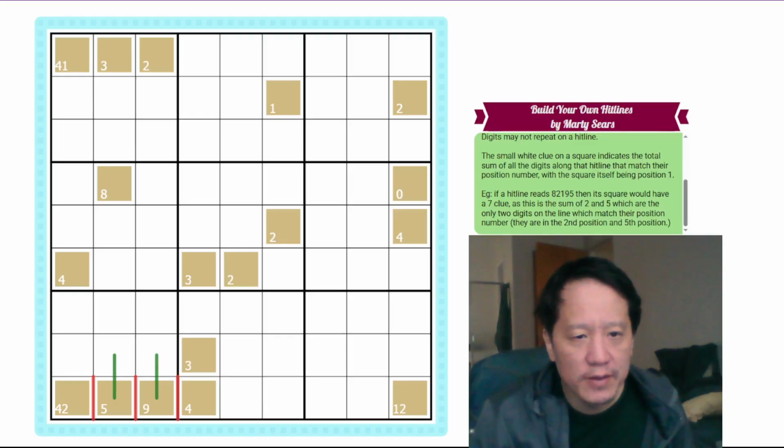Right, we know this is a border here. Let's just show where they can be. So this has to go to here. This has to go to here.